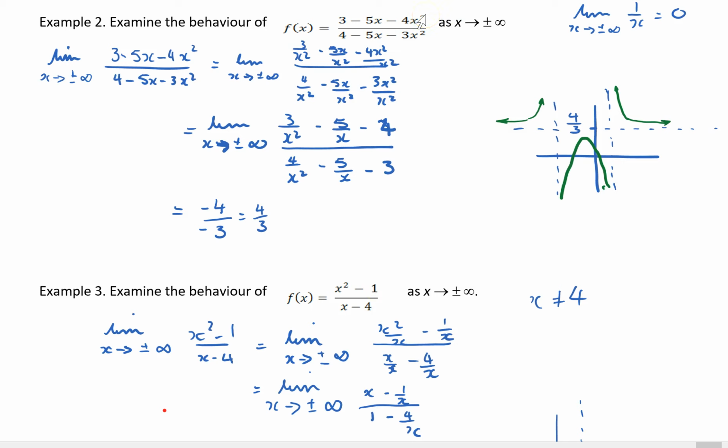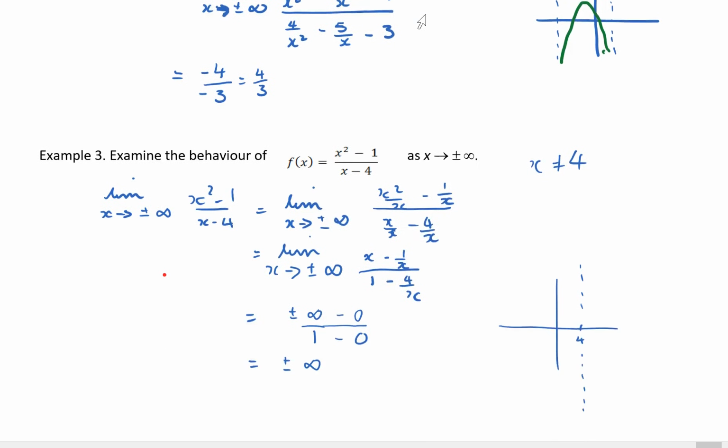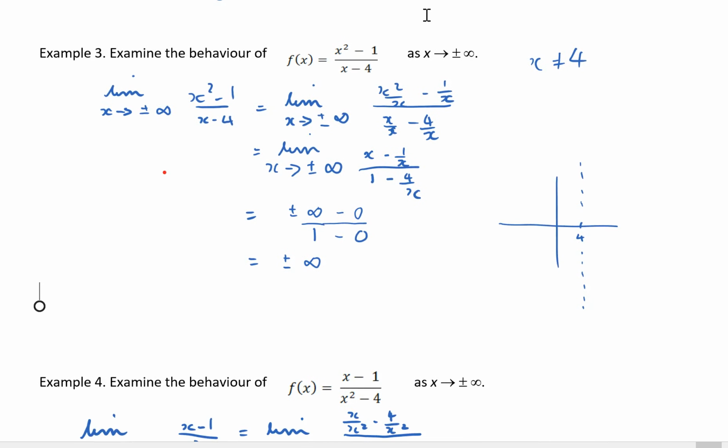In example 3, now we will make note of the actual powers of x in the numerator and the denominator. You can see here in this example, the highest power of x is actually in the numerator. So there's an x squared in the numerator and only an x in the denominator.